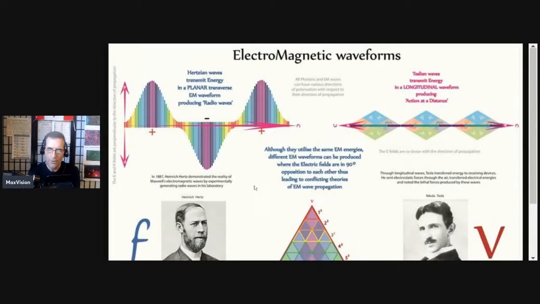So even when we read those descriptions I gave you in the beginning, they do denote scalar properties, but they do not properly define the scalar wave and what it is.